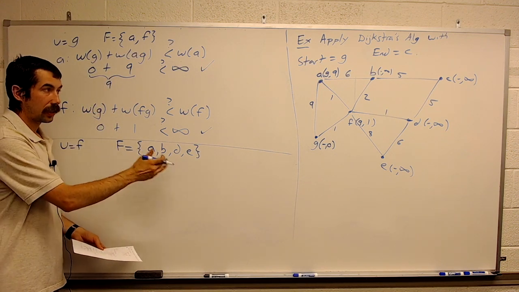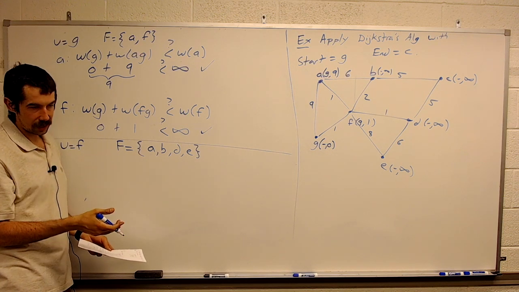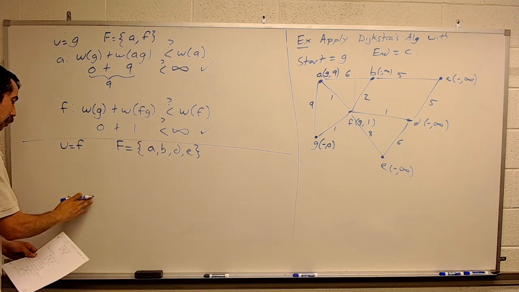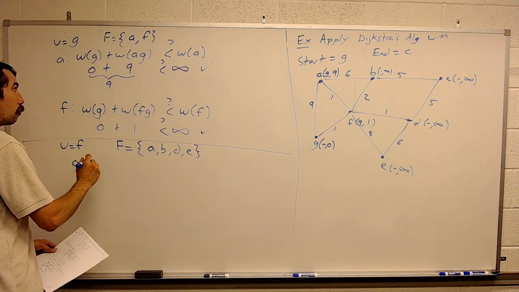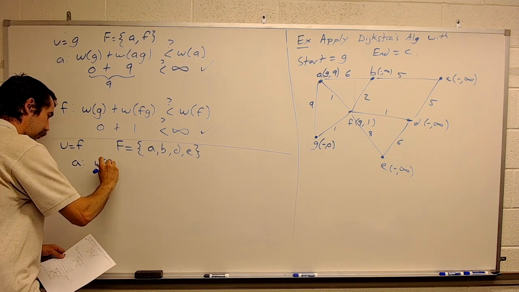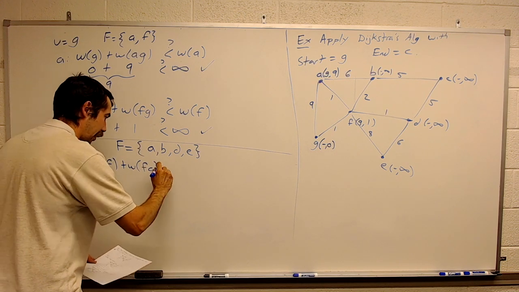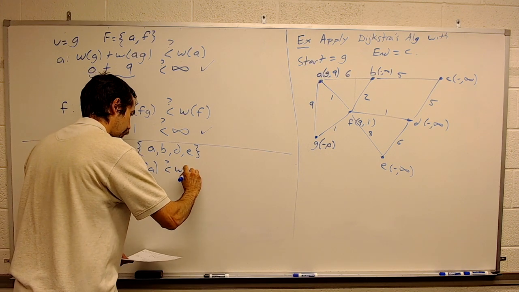And so for each of these 4, we have to check, is the weight of F plus the weight of the edge less than the vertex's weight. All right, so we'll do it for all 4. We want to check, is the weight of F plus the weight of AF or FA, is this less than the weight of A?